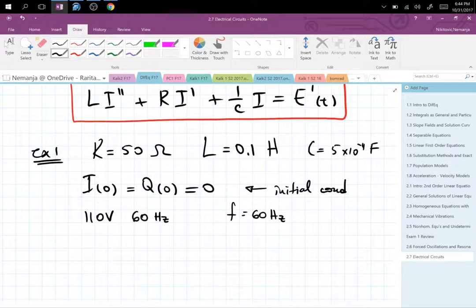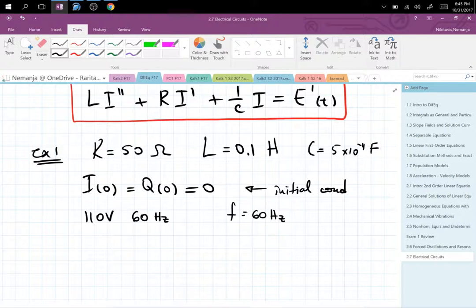If you remember, the way the equation works, it needs to be cosine of... actually no, the initial conditions are 0 and 0, so it needs to be sine omega t. Now for sine omega t, we have to calculate omega first. We have frequency, that's not omega, right? And we also have to calculate the amplitude, which we'll use the 110 for.